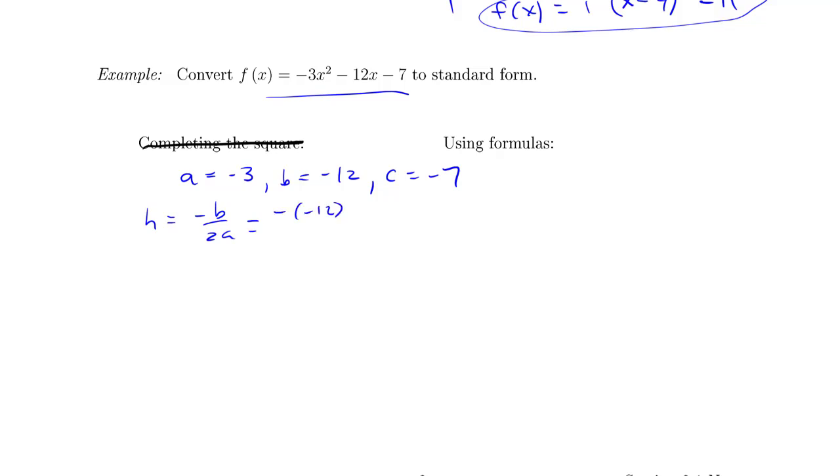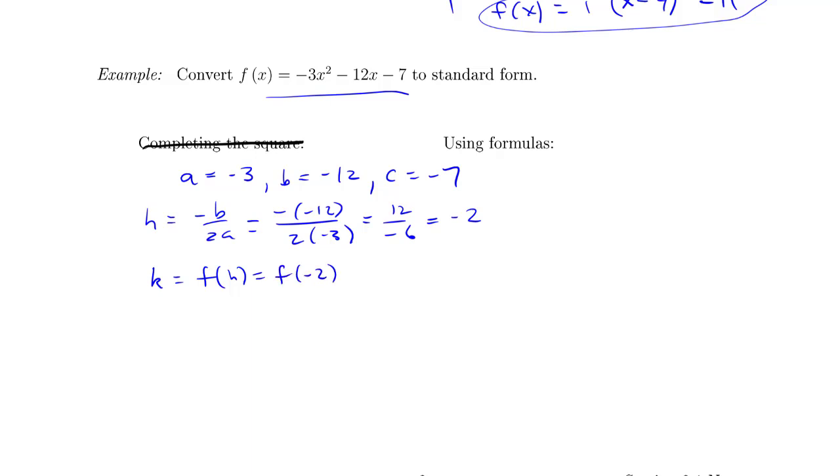So negative 12 over 2 times negative 3 would give me 12 over negative 6, or negative 2.